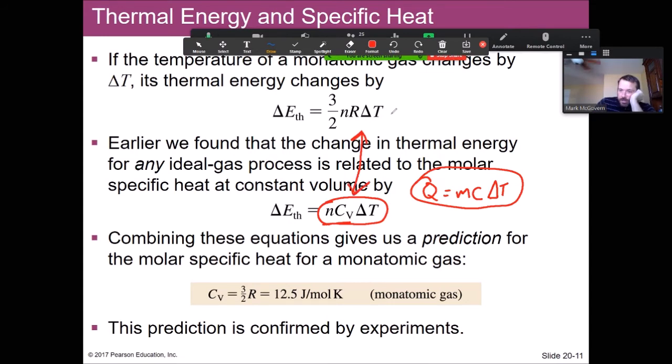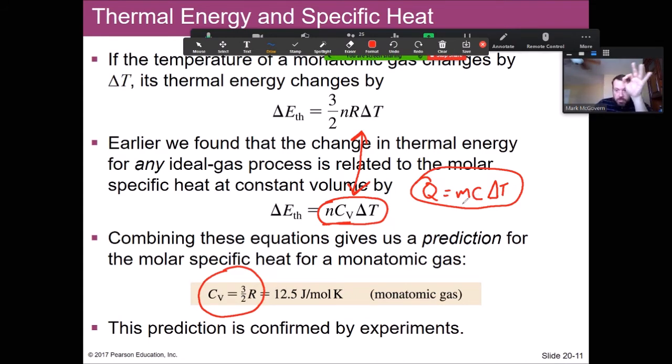Well, the delta T is here, the N is here, and so we end up with an expression that the molar specific heat for a monatomic gas is always the same thing. Is it helium? That's it. If somehow you have just hydrogen gas, which is also monatomic, if you got neon, that's monatomic, then the molar specific heat, that would be in joules per mole per Kelvin instead of joules per kilogram per Kelvin, because this C right here is joules per kilogram per Kelvin.